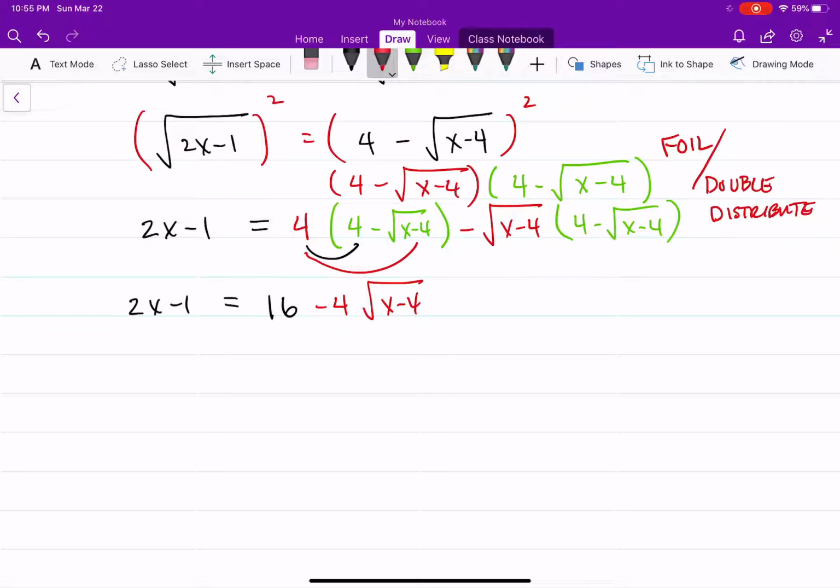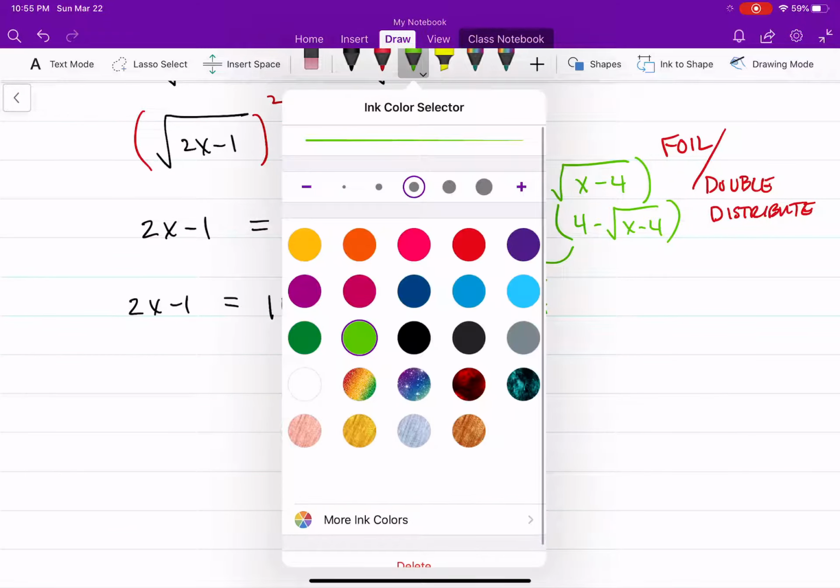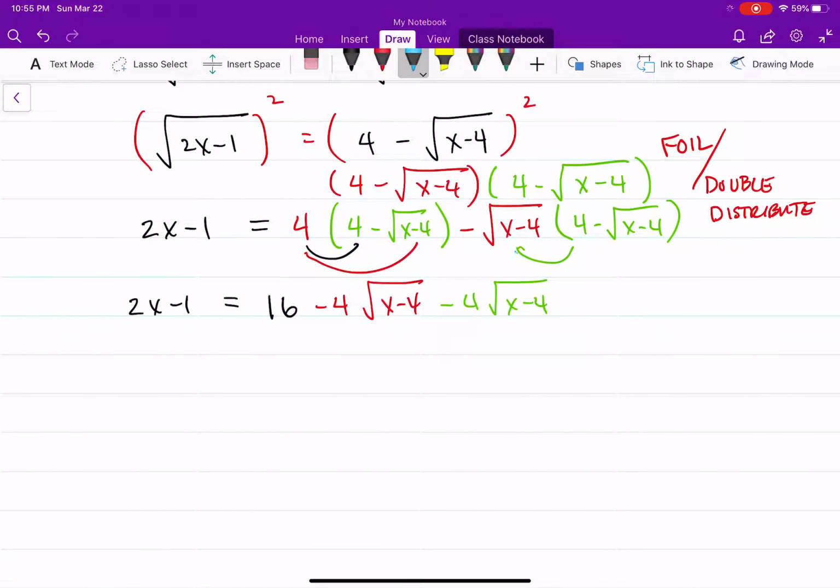Remember, these two can't multiply because the 4 is on the outside and the x minus 4 is on the inside of the house. So therefore, it's no good. All right, and then I have this one here, which is negative 4 square root of x minus 4. And then this right here is going to be a positive x minus 4.